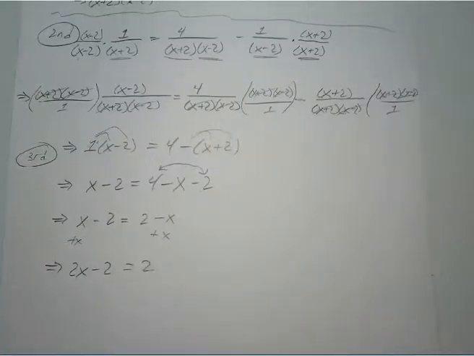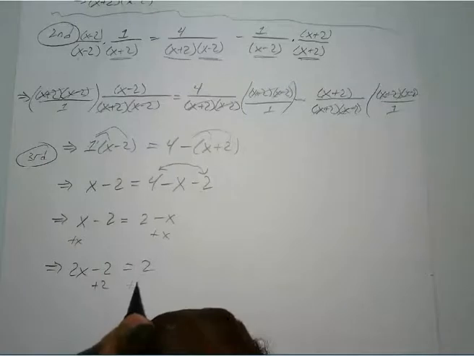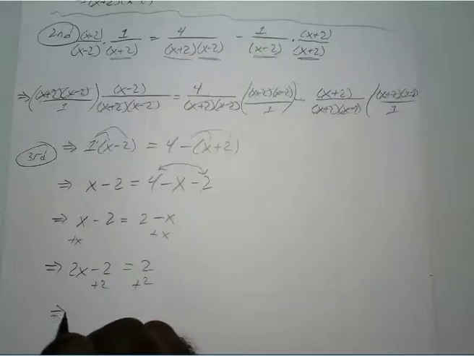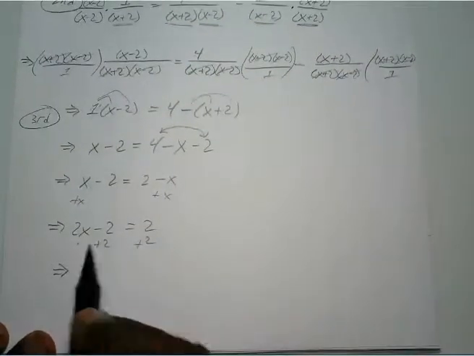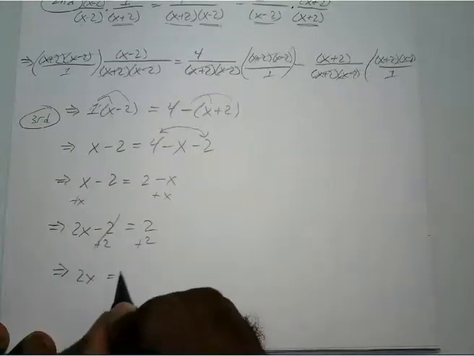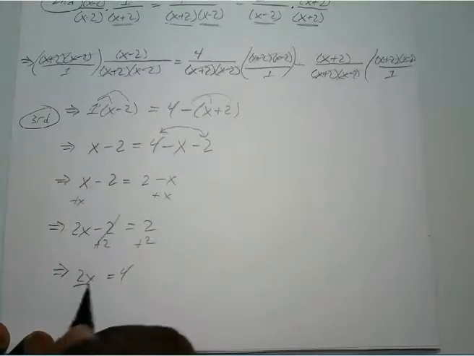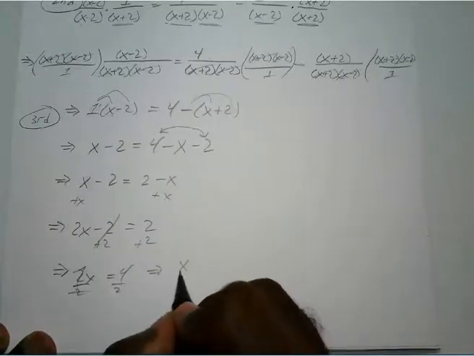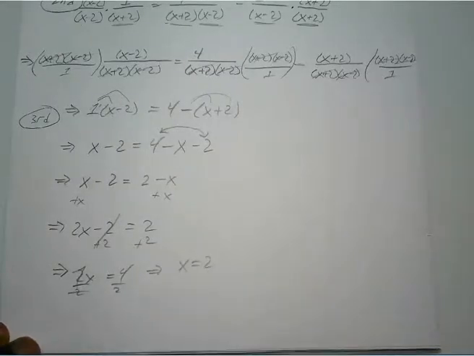If we add 2 to both sides, then that gives us 2x, as that cancels out, equals 4. So as soon as we divide both sides by 2, we end up with x equals 2.